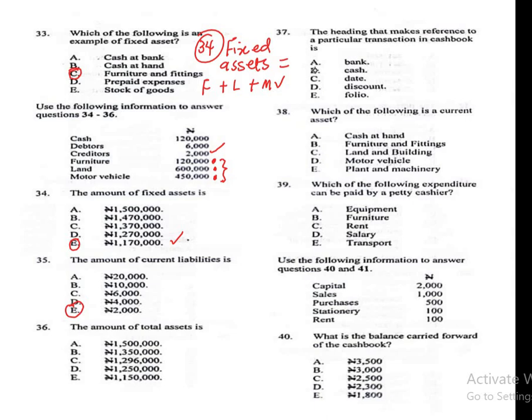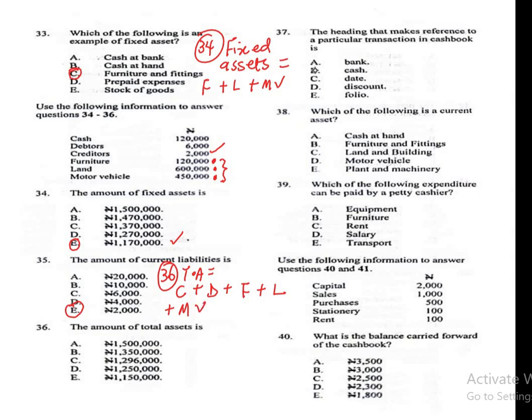Question 36 says, the amount of total assets is what? The formula to calculate total asset, TA, is equal to cash plus debtors plus furniture plus land plus motor vehicle.